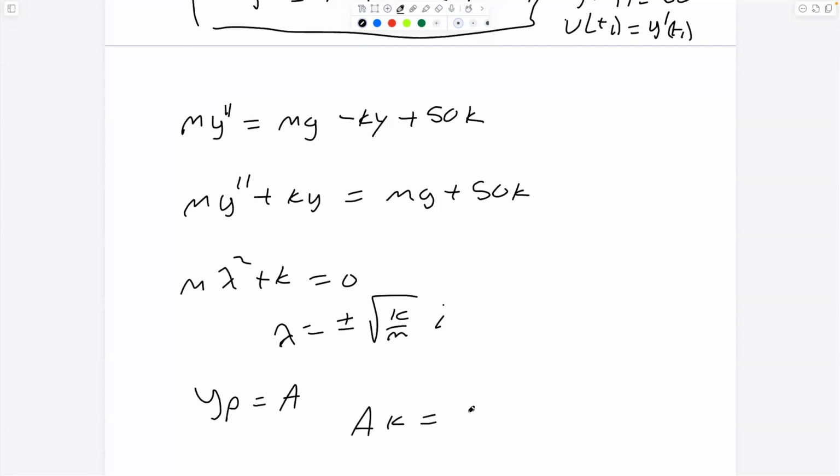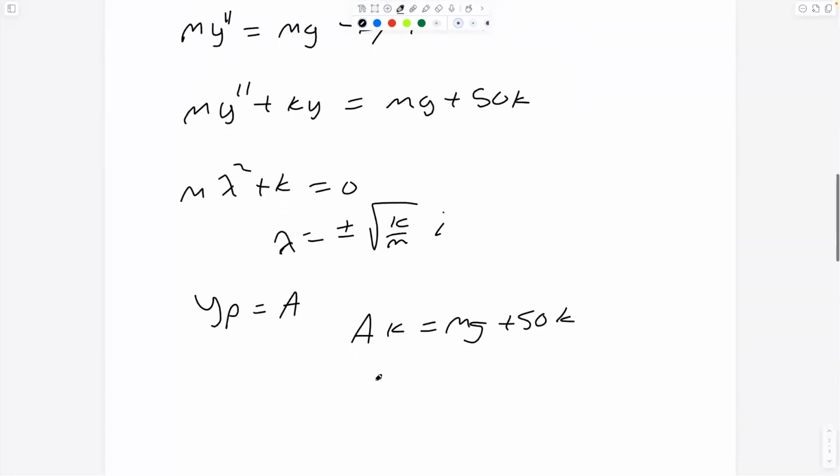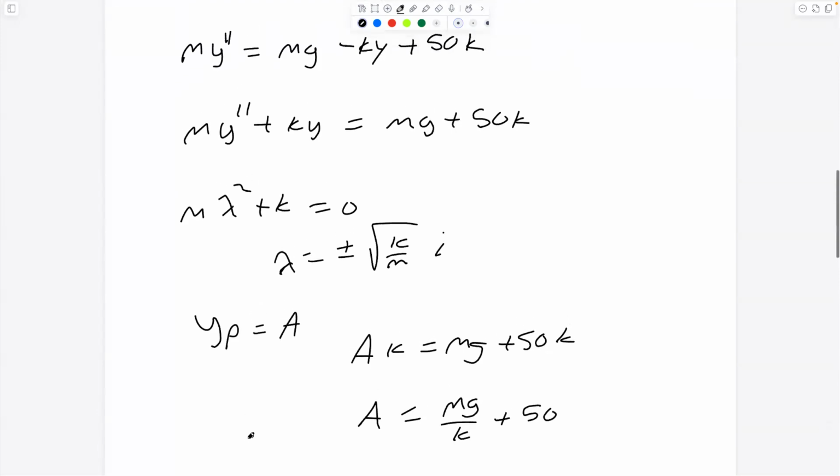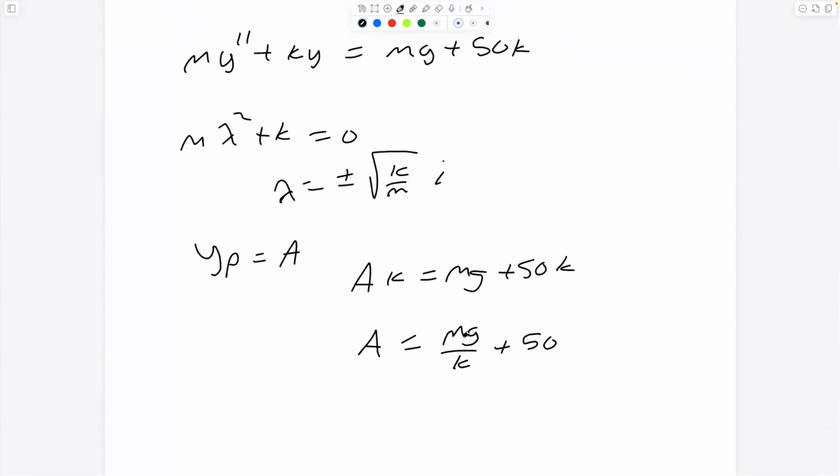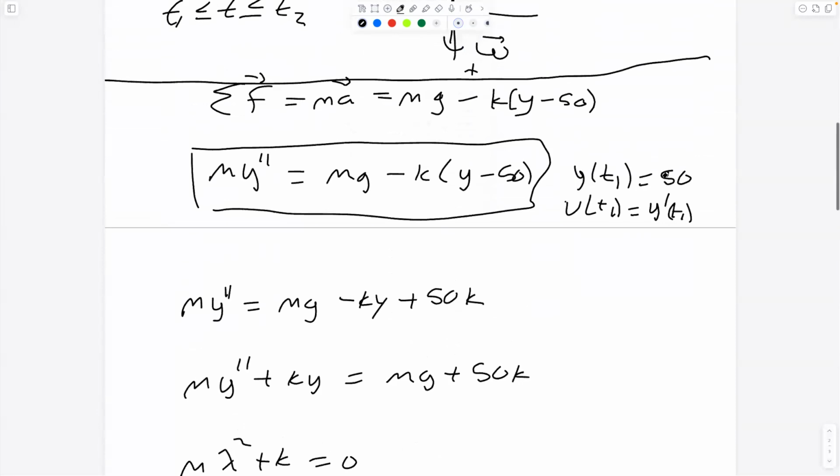A times k equals mg plus 50k. Divide through by k, you get a is mg over k plus 50. So then I'm pretty much done most of it for you here. So you get your solution with the C1, the C2, and you're going to use these conditions to solve for C1 and C2.